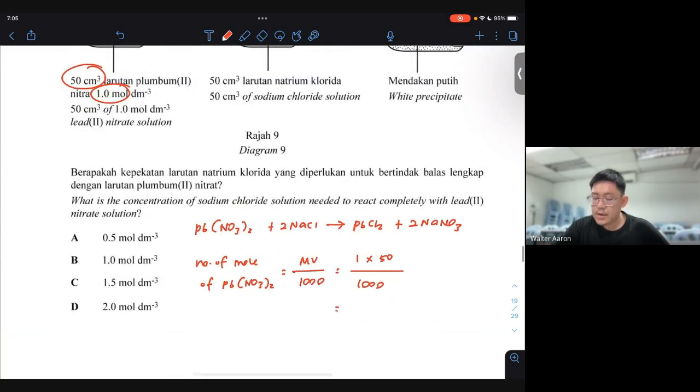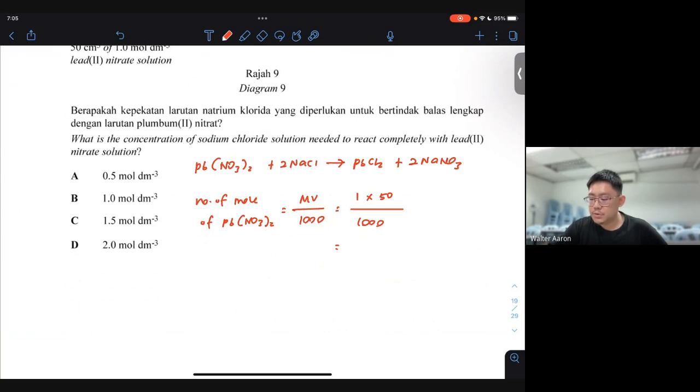So if you were to write that correctly, your number of mole here is supposed to be 0.05 mole. Okay, now this is a 1:2 ratio substance, isn't it? So if you have 0.05, then this one will be technically 0.10. Why? Because it's double the amount, right? It's a 1:2 ratio. So if you have 0.05, you must have 0.1 over here.